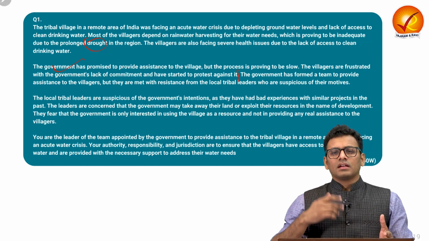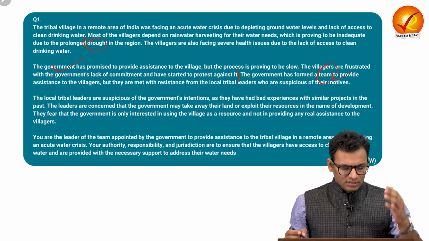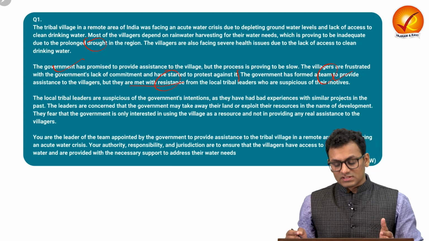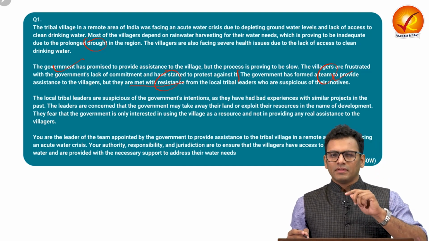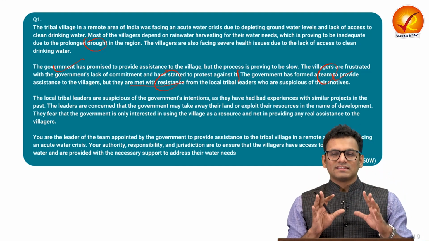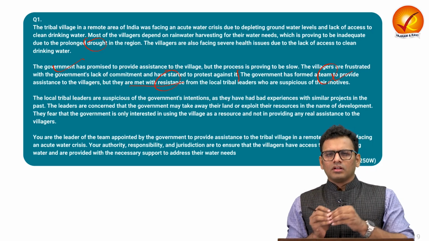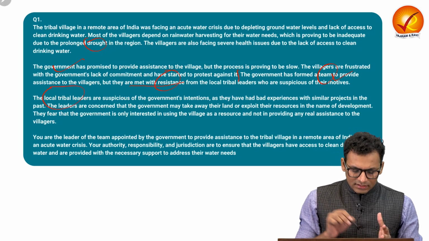For the same, the government proactively ensured that they will make a team to provide assistance to the villagers, but they met further resistance from the local tribal leaders, who have experienced that the government in the past promised such assistance, and in the name of that assistance, exploited them by grabbing their land or other resources. So that's there from the local tribal leaders.